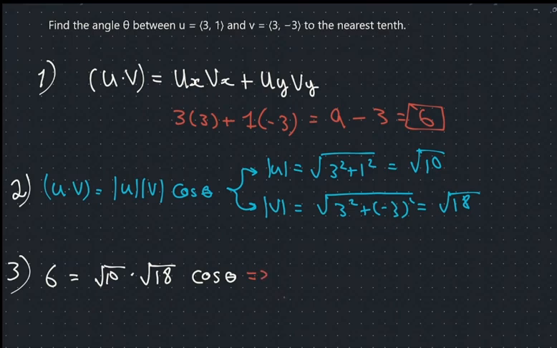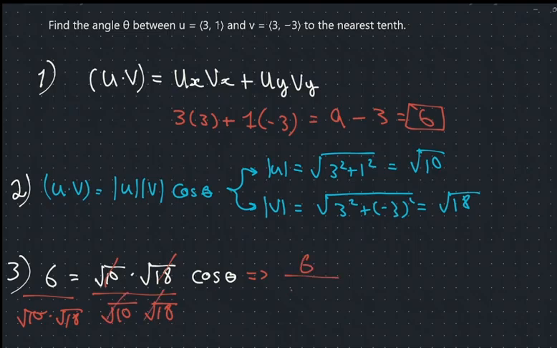So how to rearrange it? First of all, I will divide both sides by root 10 and root 18. Root 10 times root 18. And of course, these will cancel out. Therefore, we will get 6 over root 10 times root 18 is equal to cosine theta.